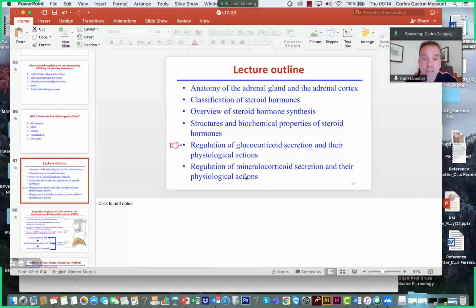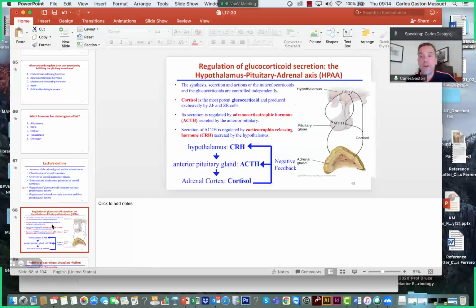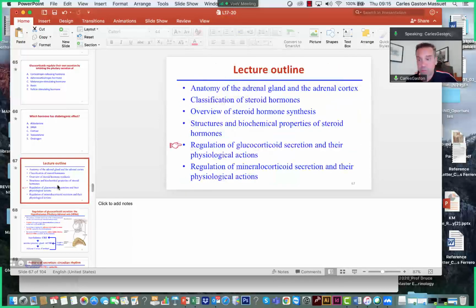Also, the regulation of mineralocorticoid secretion and their physiological function. We're going to go through each one, how it interacts with the HPA axis that we studied last week, and their biological functions. Okay? So from today, it is bye-bye.